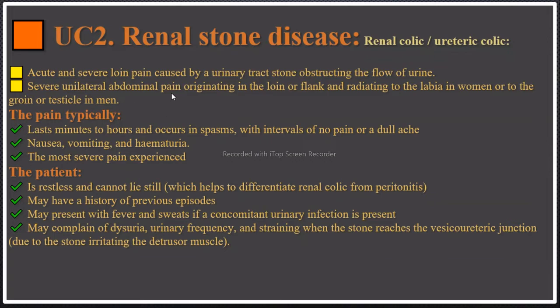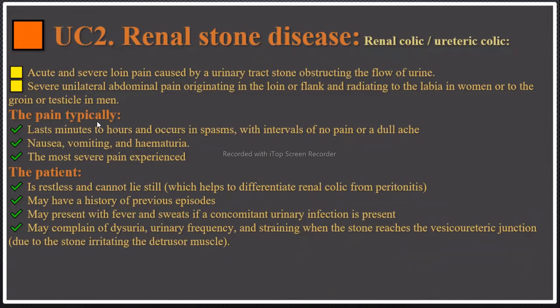Once you see that in the scenario with no fever, think about renal colic. The pain is colicky, on and off, and sudden, for example 30 minutes, 1 hour, and so on.